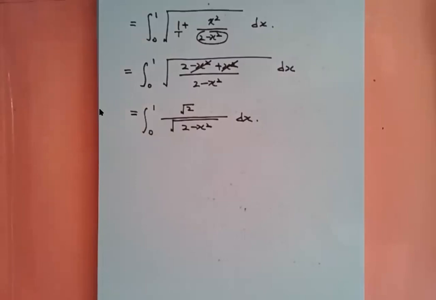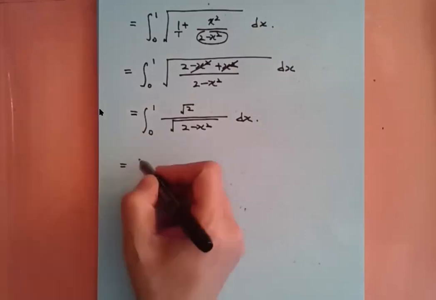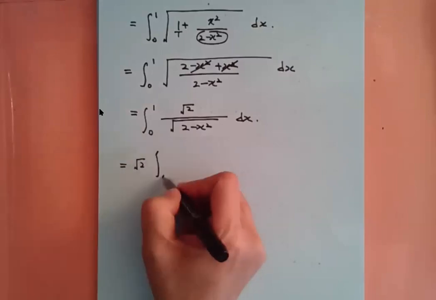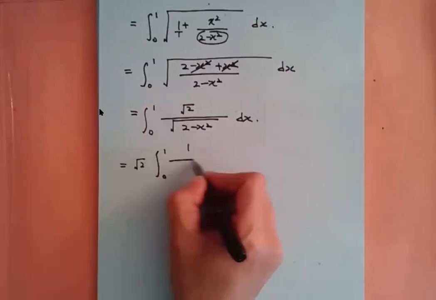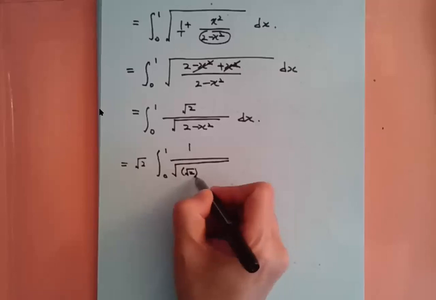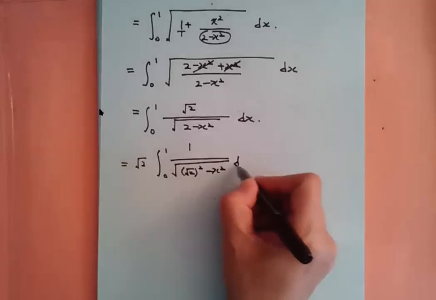So we are coming to the tricky part. So we have to do trigonometric substitution. However, we can just use the formula. So 1 over square root of 2 squared minus x squared, dx.